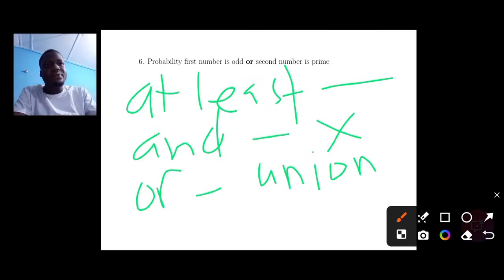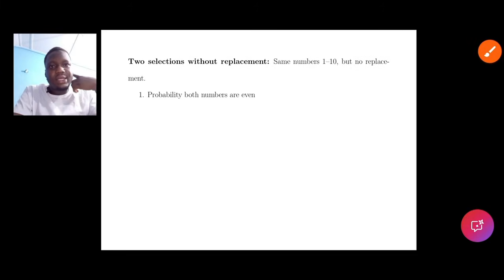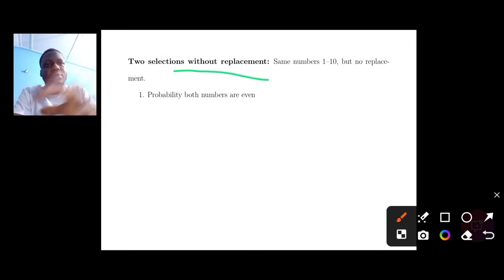Okay, good. So the and can also be, say, intersection. Yes, this happening and this happening, we multiply. Okay, good. So let's move on to the second set of questions. So we have 2 selections without replacements. So things have changed now. We are not replacing.